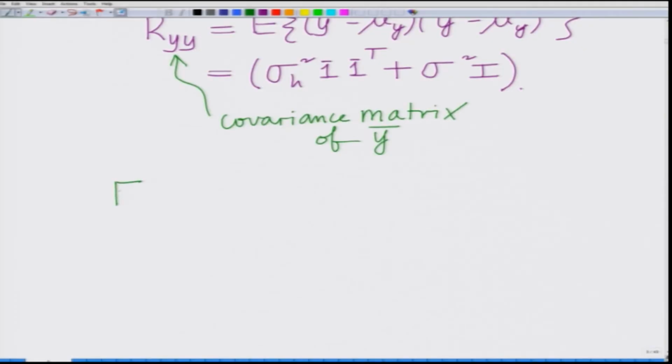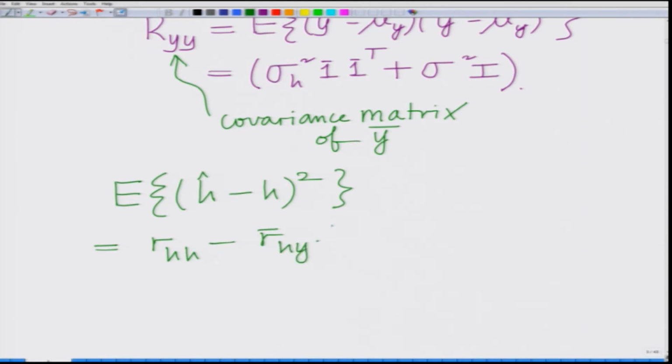So the MSE is basically given as the expected value of (h hat minus h) whole square, which we have already said is R_hh minus R bar_hy into the inverse of the covariance matrix R_yy times R bar_yh, which is R bar_hy transpose.